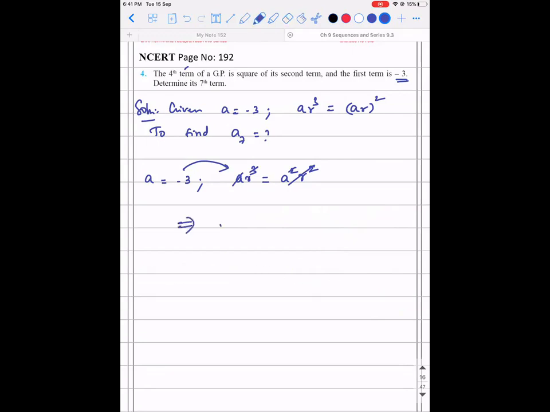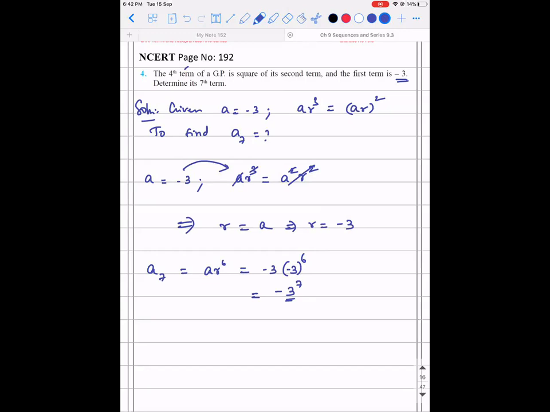Which implies r is equal to a. r is minus 3. Then a7 will be equal to a into r power 6. That will be minus 3 into minus 3 to the power 6. So what do you think the answer is? Rohan, yes, sir.